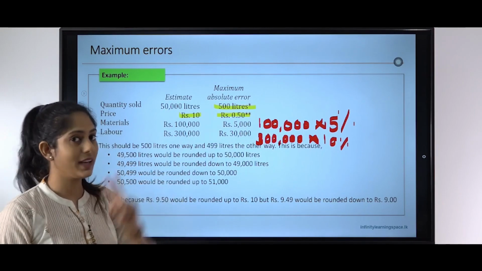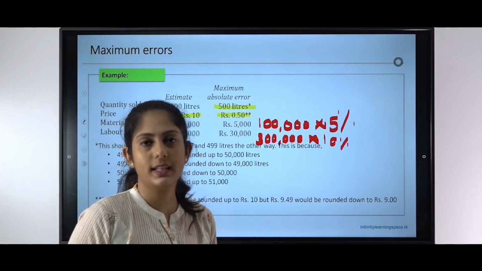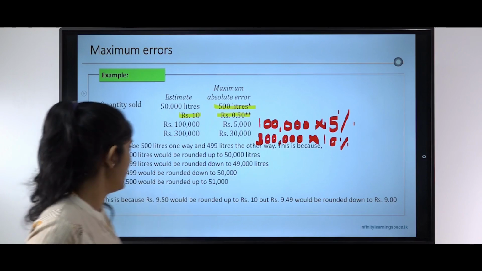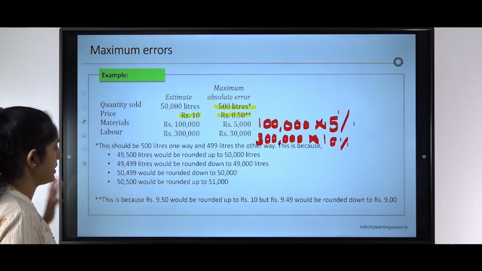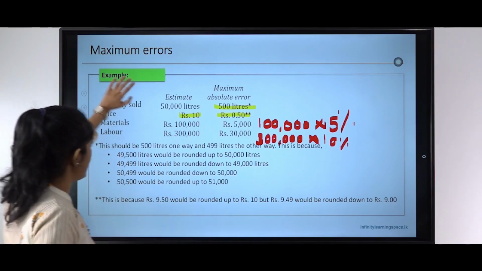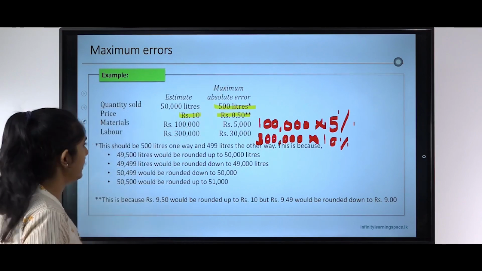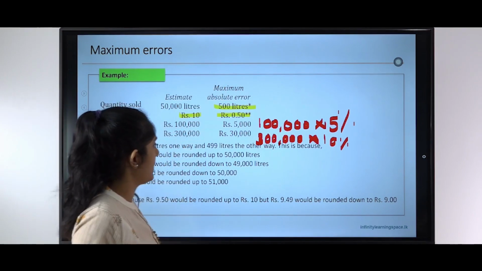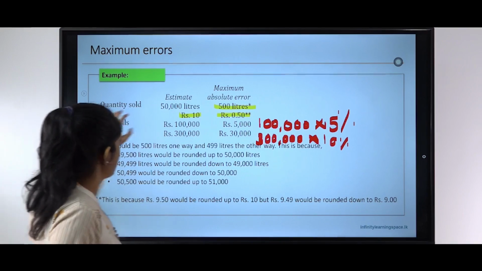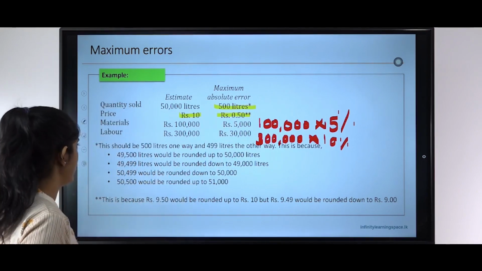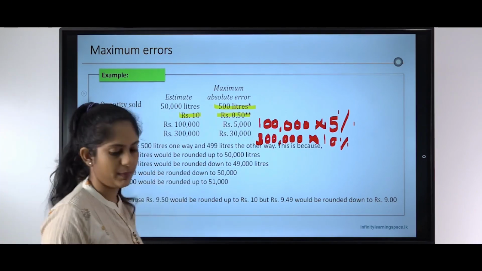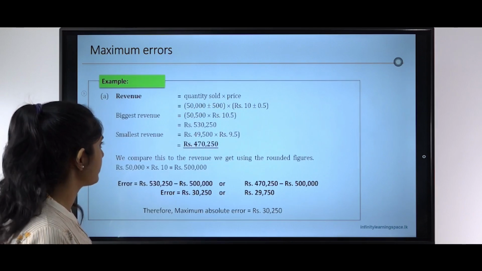Those two were not given in numbers; we had to calculate the number based on the percentage. So by this, in terms of quantity, maximum error is 500. In terms of price, maximum error is 50 cents. In terms of material, maximum error is 5,000 rupees. Labor, maximum error is 30,000 rupees.